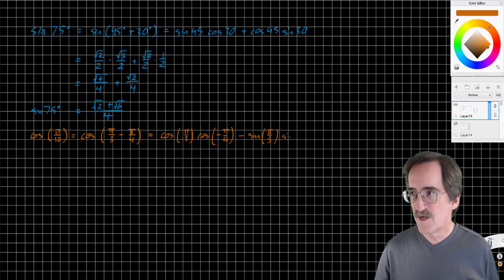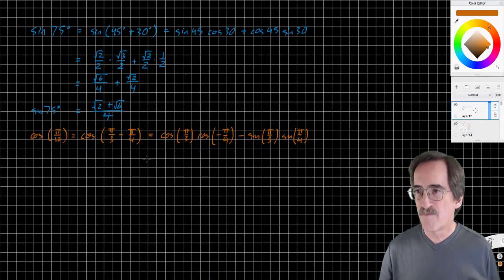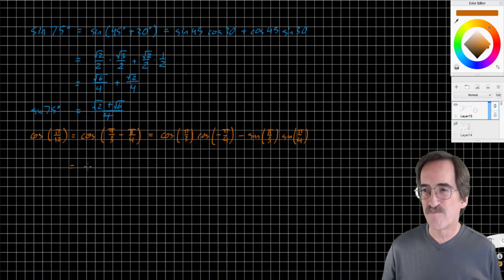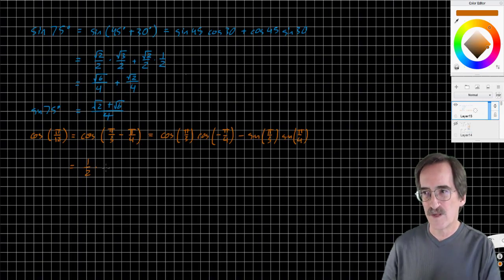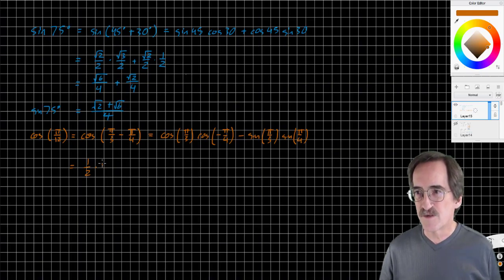Keeping in mind the unit circle, cosine of pi over 3, which corresponds to 60 degrees, is 1/2. Cosine of negative pi over 4 is down in the fourth quadrant, and it is going to be positive root 2 over 2, because cosine is positive in the first and fourth quadrants.